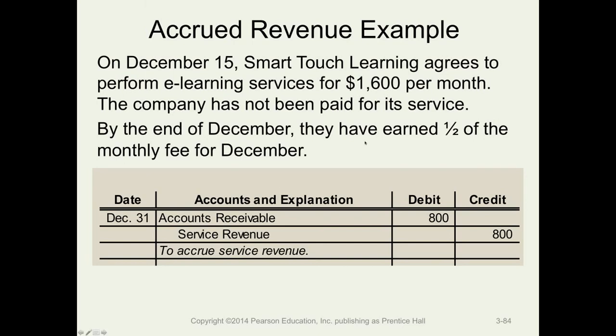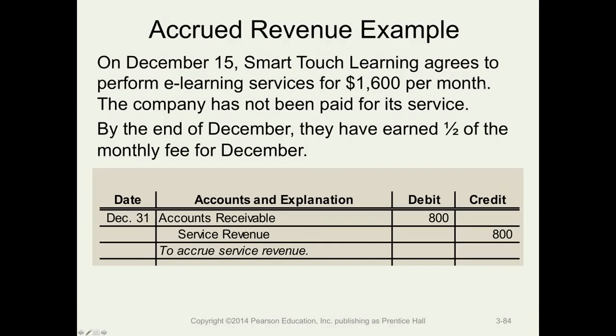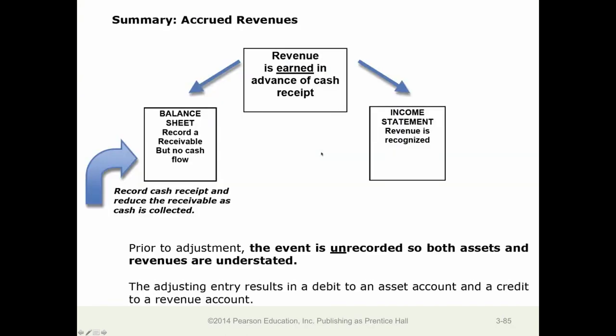So 1/2, or 800, has to be recognized, and we debit the receivable because it's not collected, and we have to credit the service revenue.